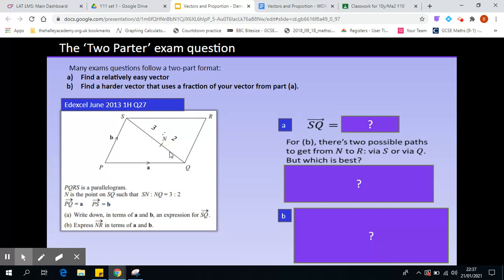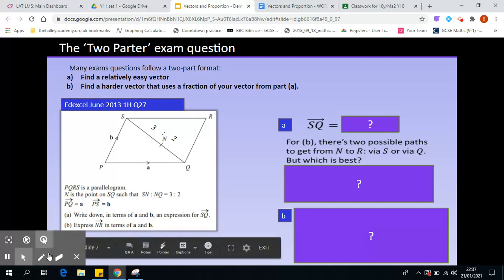And S to Q is broken down by point N, and SN to NQ is the ratio 3 to 2.